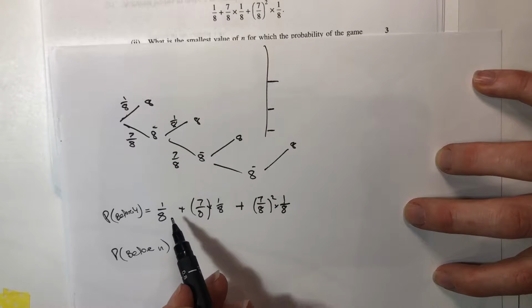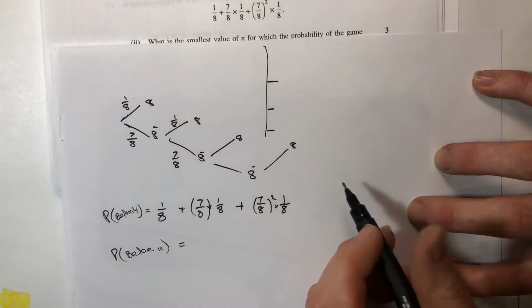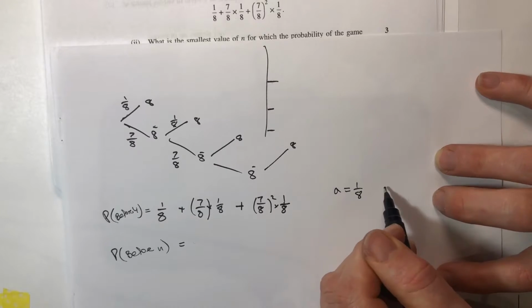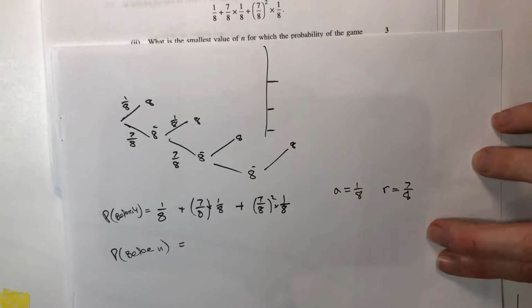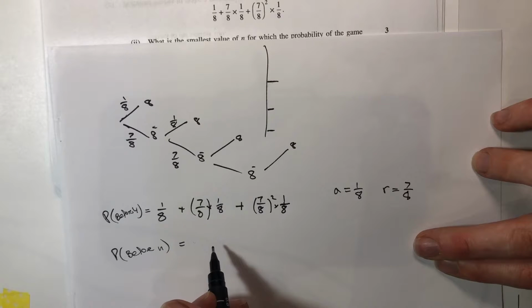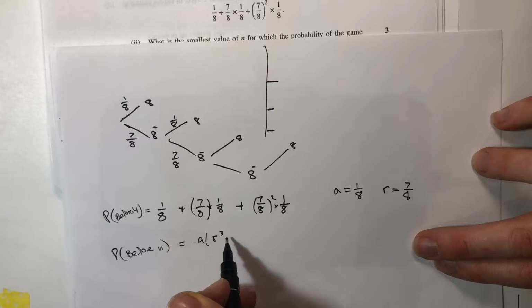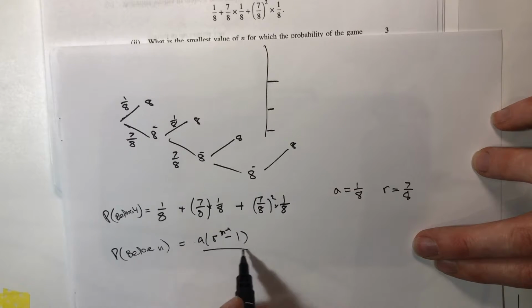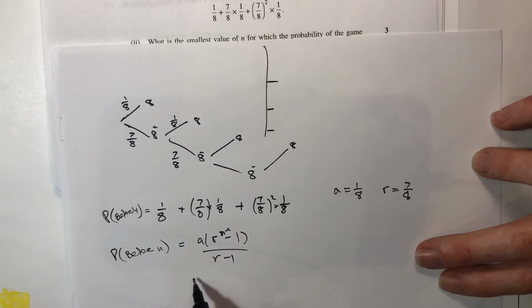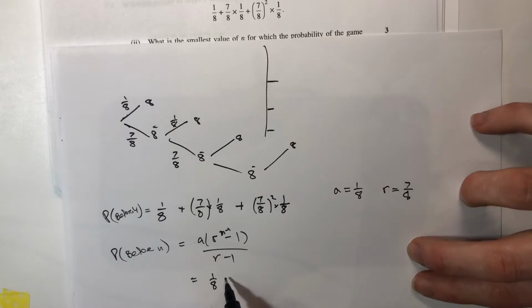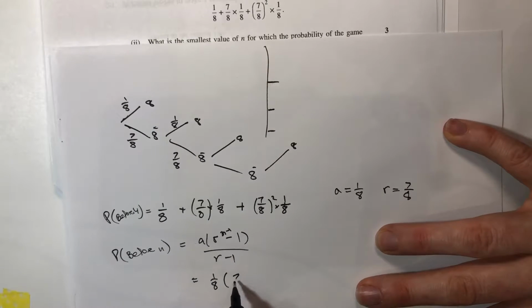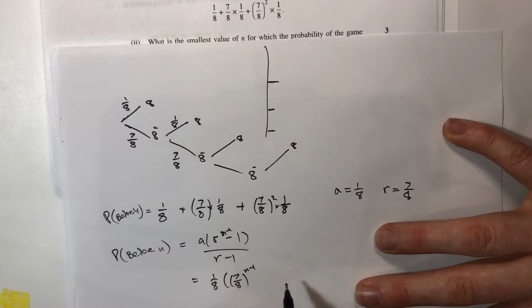It's a geometric series because we have to times by something to get to the next term. A in the series is 1 on 8, R is 7 on 8. So I would actually have 3 terms, so it would be A times R to the 3, minus 1, n minus 1 because I'm going for n terms here, on R minus 1, which would be 1 on 8 by 7 on 8 to the n minus 1, on 7 on 8, so that's 1 on 8 again on the bottom there.